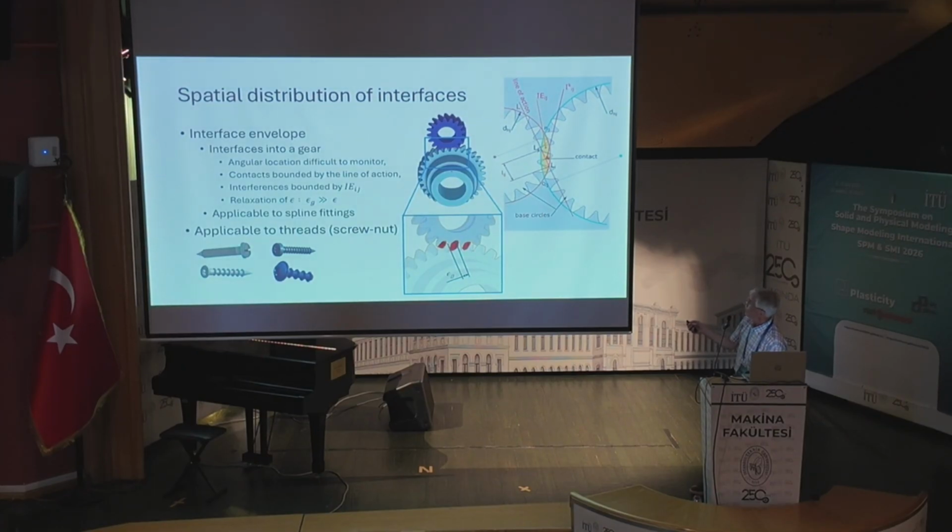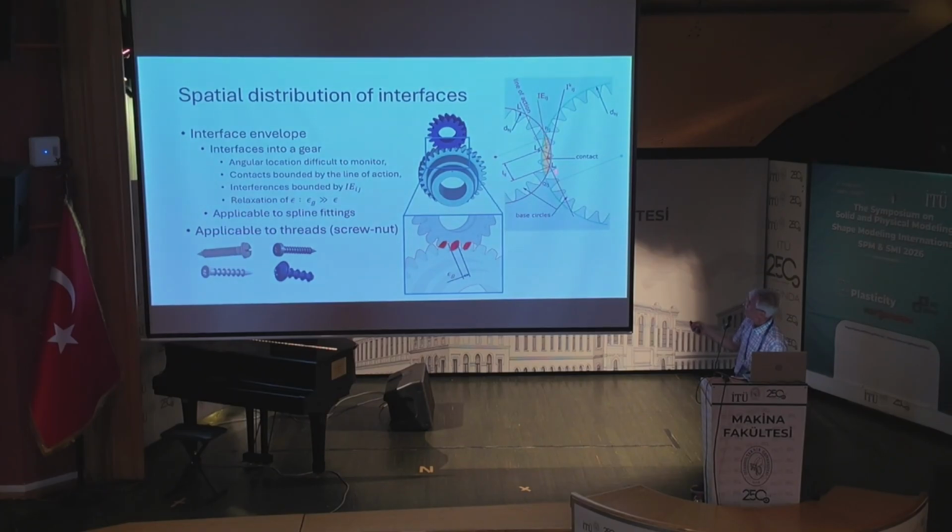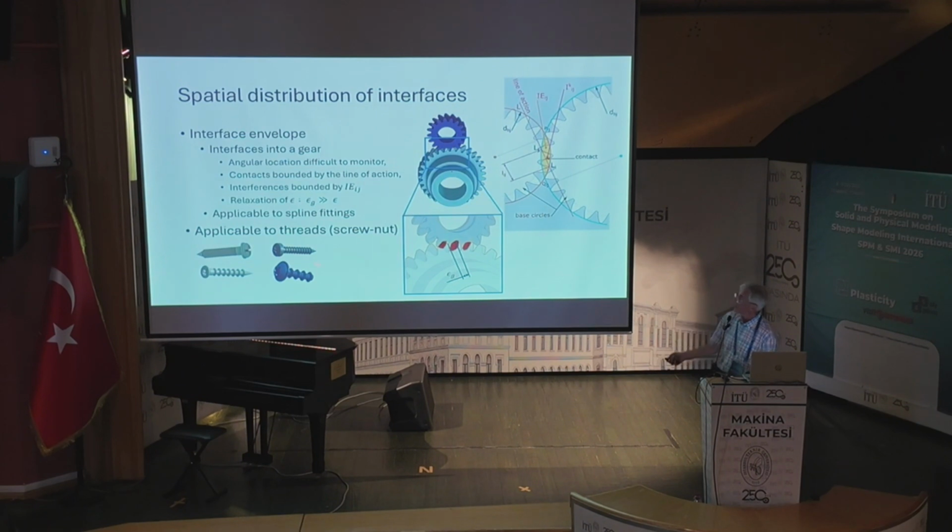This line of action theoretically contains all the contacts, which can reduce to lines of contact in the case of helical or straight gears. And if there are interferences, all these interferences will lie inside this envelope. So you can use this concept of envelope to relax the constraint about the accuracy. And this envelope concept can also be extended to threads, depending on the representation we have here.